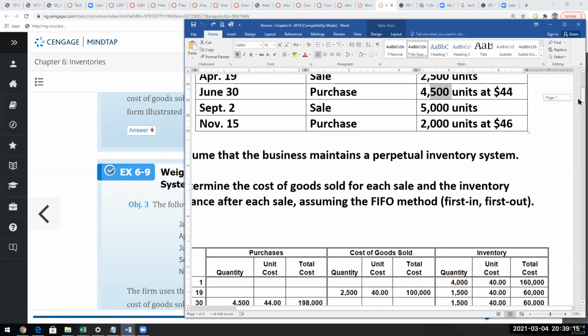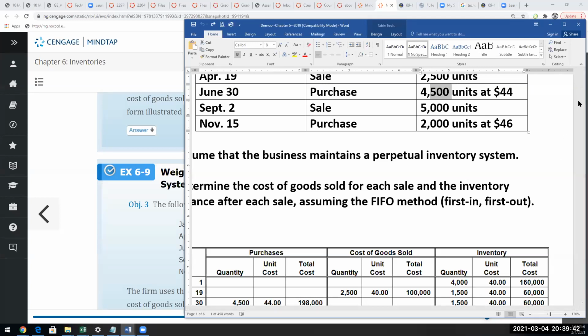So over here, you can see that I had 4,500 quantity times the unit cost is $198,000. Sorry about that. And so over here on the right side, you can see that I just brought down my existing balance of the old stuff. I only had 1,500 left.